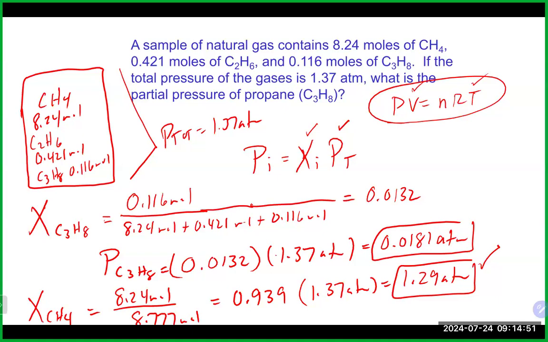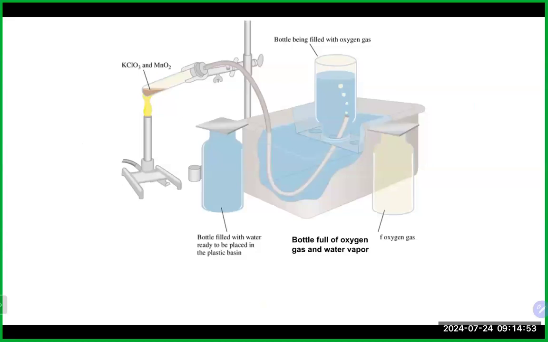Another very common partial pressure situation occurs during experiments when you collect gases. This will happen, I think, when we do an experiment in one of the cases. But very often in the laboratory, when we do collect gases, we oftentimes will collect gases that involve water.